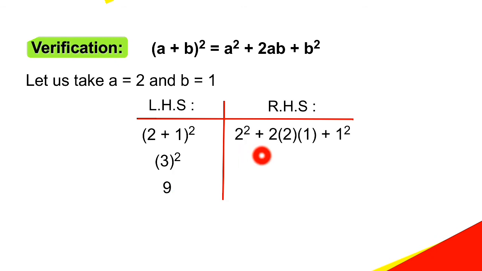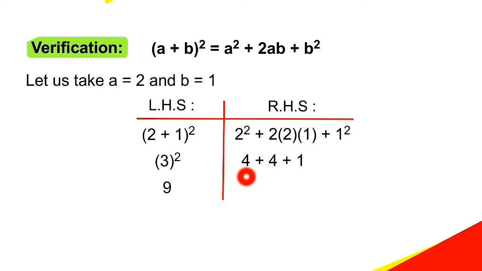Now we are going to do the RHS side. 2 square plus 2 into A value is 2, B value is 1, plus B value is 1 square. Right? Now you can see 2 square in the sense 4, plus 2 into 2 into 1. So what we can get? 4 1s are 4, plus 1 square in the sense 1 into 1 can be written as 1.